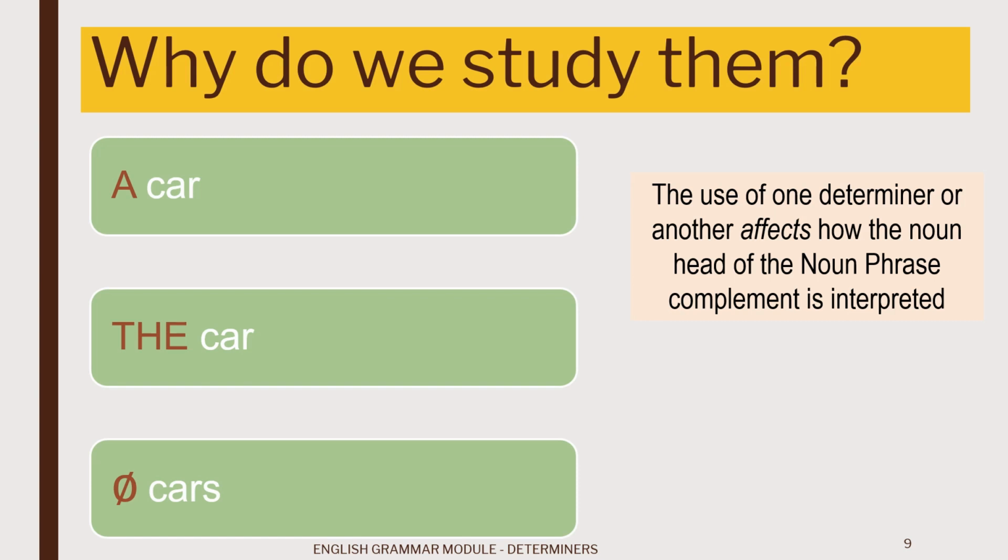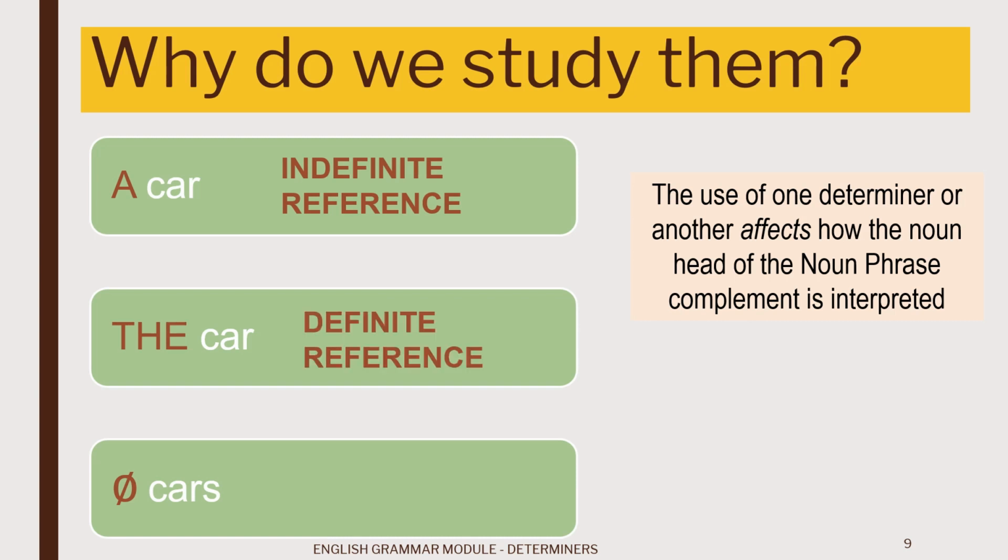And now we know that in the case of a car, the indefinite determiner a provides indefinite reference to the noun car, that the definite determiner the provides definite reference to the noun car, and that the zero or null determiner provides generic reference to the noun cars.